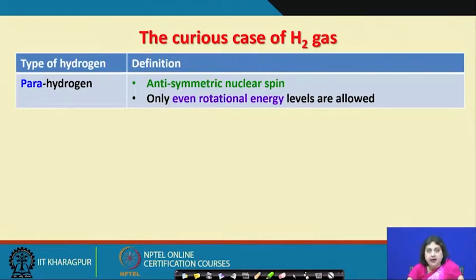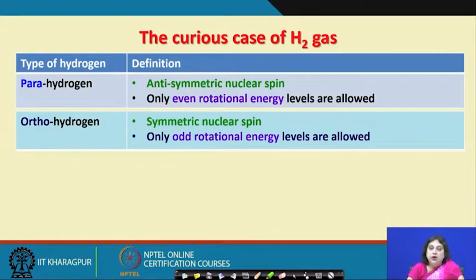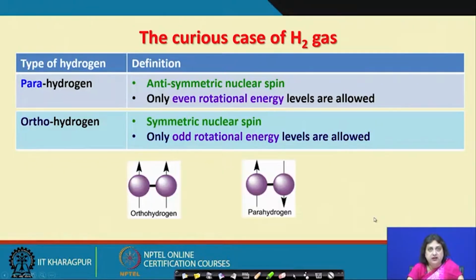One is called para-hydrogen, which now we understand is associated with the antisymmetric nuclear spin wave function, and accordingly we have only even rotational energy levels allowed for this system. And for ortho-hydrogen, we have a symmetric nuclear spin and only odd rotational energy levels are allowed.